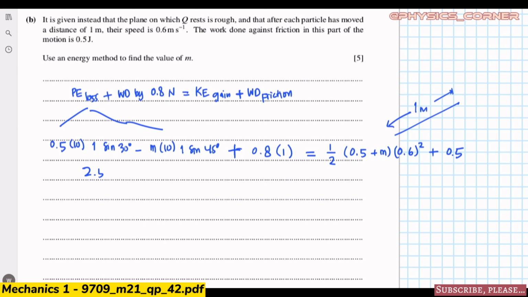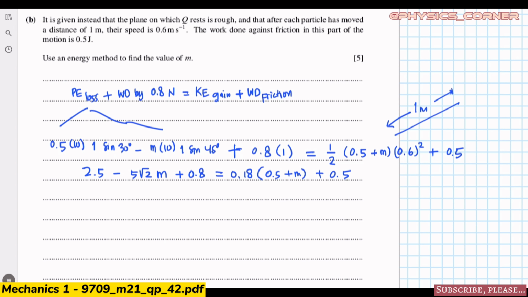This is 2.5 minus 5 root 2 of m, plus 0.8 equals to a half of 0.36, which is 0.18, times 0.5 plus m, plus 0.5.